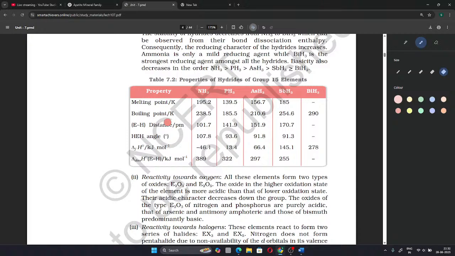No, it is bismuth hydride. Bismuth hydride having the highest. Ammonia is anomalously high, then from phosphorus it goes in the normal ascending order for boiling and melting points. With bismuth hydride they did not mention the melting point.